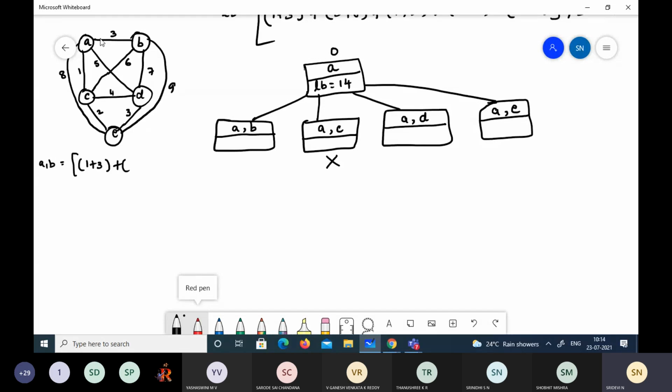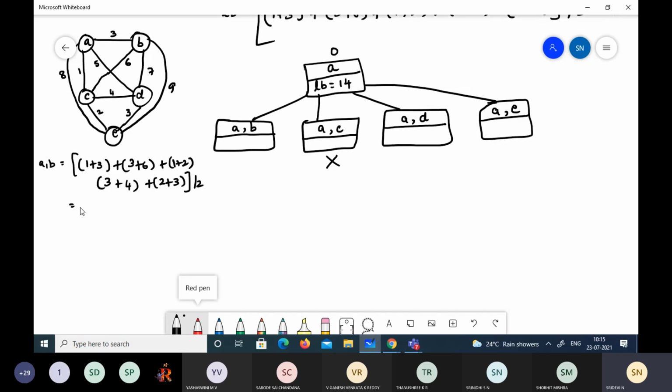Again, from B, this is fixed. 3 should be selected. So among these 3, the smallest is 6. So 3 plus 6 plus, from C it is 1, 2. And from D it is 3, 4. We should always take the smallest, whole thing divided by 2.